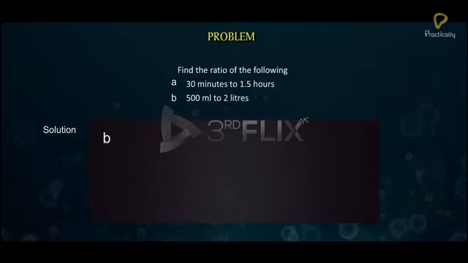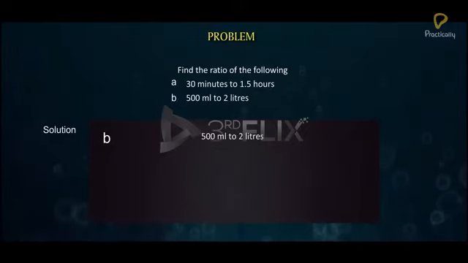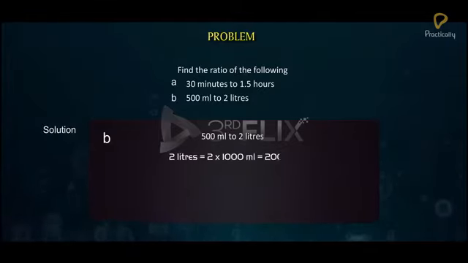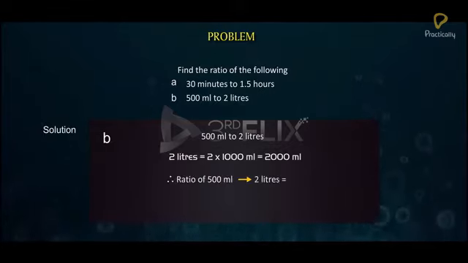B. 500 milliliters to 2 liters. 2 liters is equal to 2 into 1000 ml, which is equal to 2000 ml. Therefore, the ratio of 500 ml to 2 liters is equal to 500/2000.